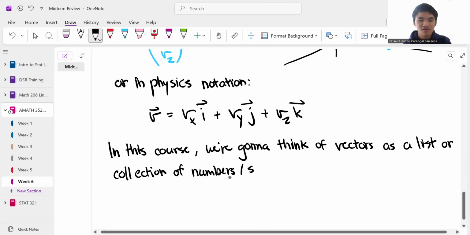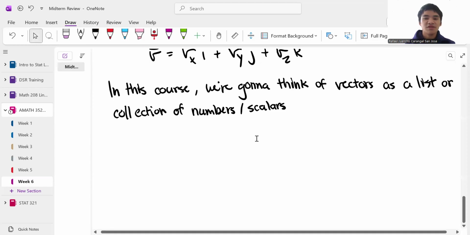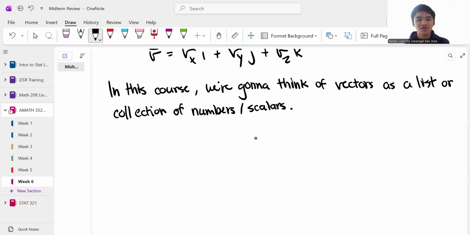Or another way to call it, scalars. If you've seen my previous videos on both linear algebra and calculus, sometimes we call these scalars because they're used for scaling.